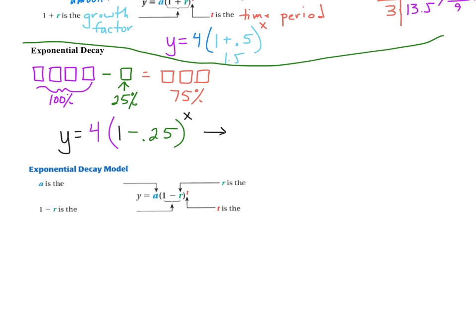So another way to write this though is 4 times, well, what is 1 minus 0.25? Well, it's 0.75 to the x. So these equations are the same thing. This one's just more simplified. So this one shows you what we call the decay rate.